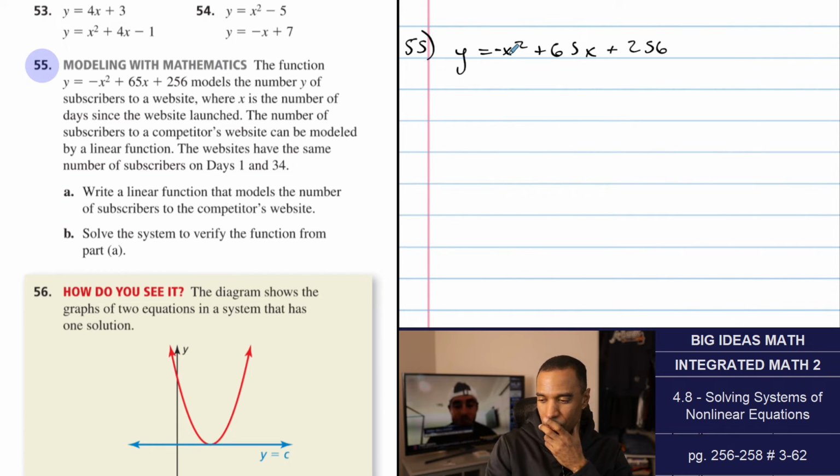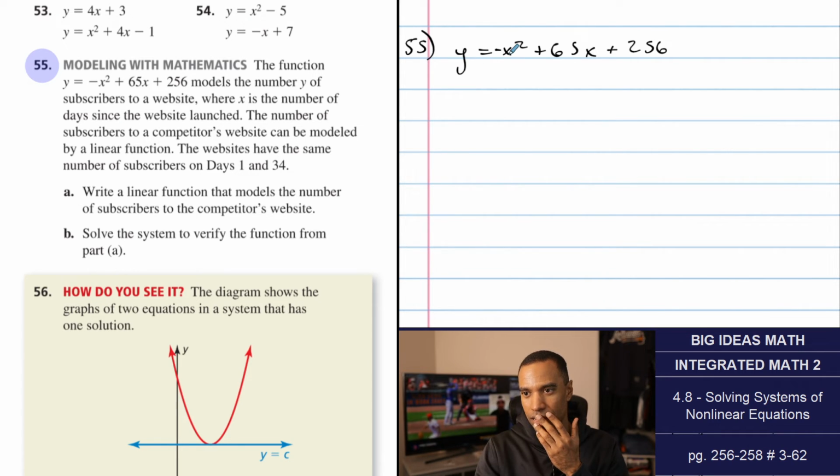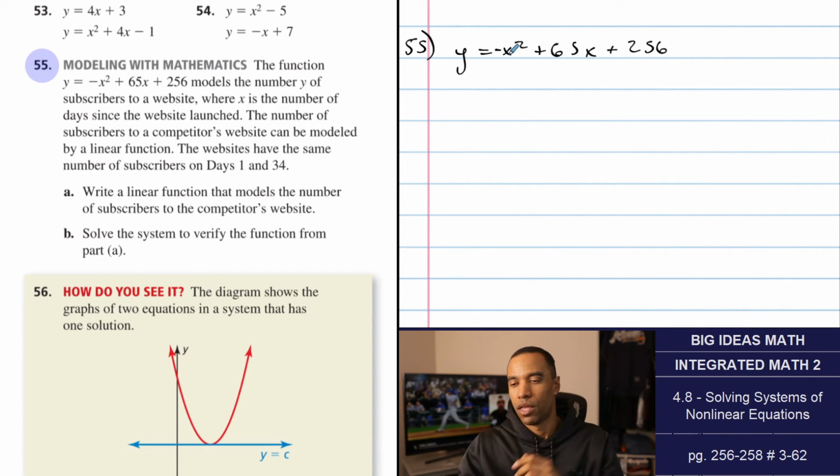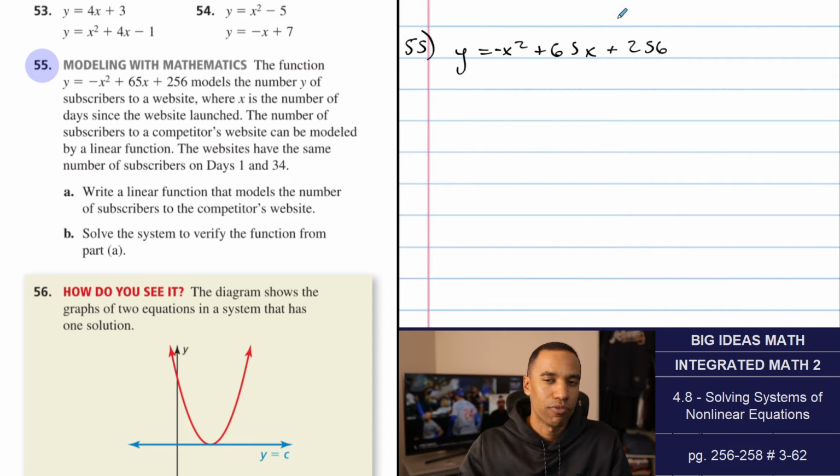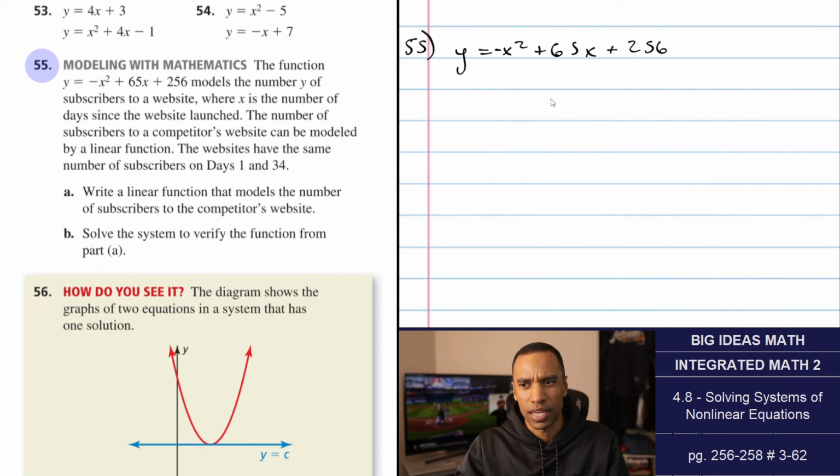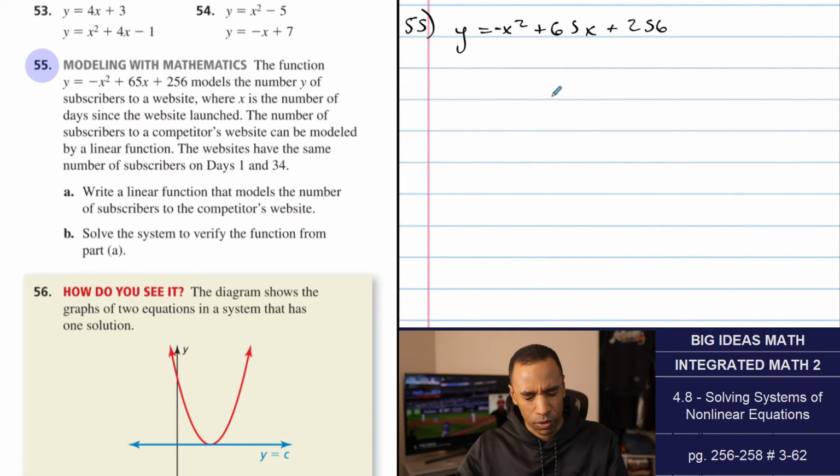Okay, so what do I need to do here? I need to make x equal 1 and 34 and get the same y values out for the linear function. I need to make it so that when this factors... I don't know if this is right in what I'm going to do, I'm thinking out loud. I've got to work backwards from this thing.